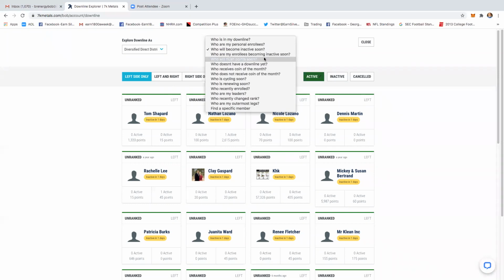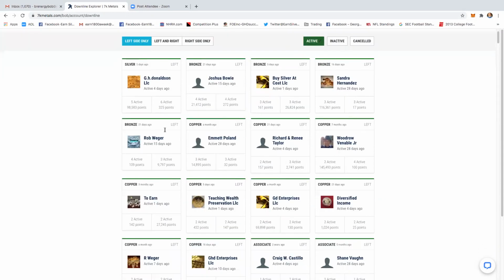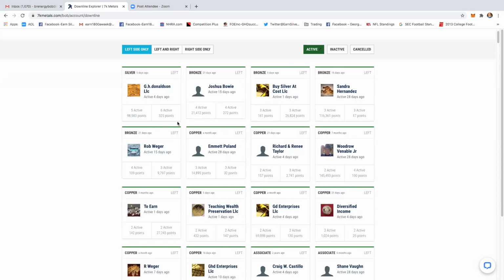One of the other things that is very important is to see who your leaders are. And that's going to bring up on your left side who your leaders in your business are. And y'all see the leader on the left side of my business is George Donaldson. He's been a leader since day one, and he's still the leader on the left side. Now, our job is to help George become gold. So everybody, go. And see, now Rob's trying to do it.